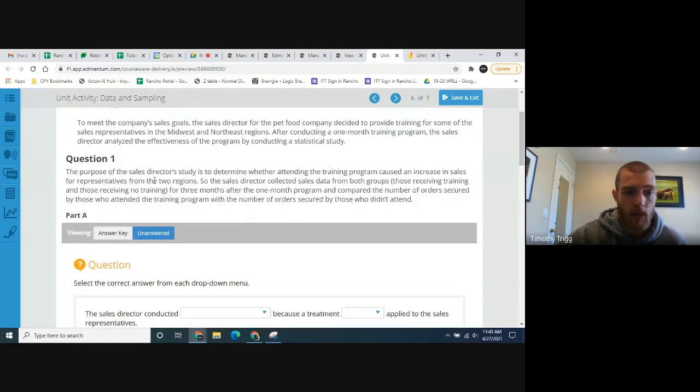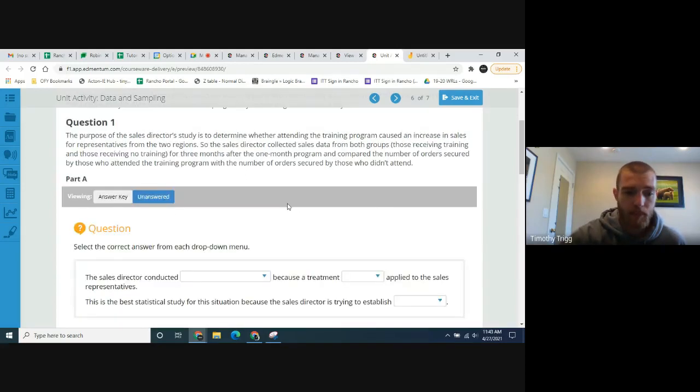The purpose of the study is to determine whether attending the training program caused an increase in sales for representatives from the two regions. So the sales director collected sales data from both groups, those receiving training and those receiving no training, for 3 months after the 1-month program, and compared the number of orders secured by those who attended the program with the number of orders secured by those who didn't attend.